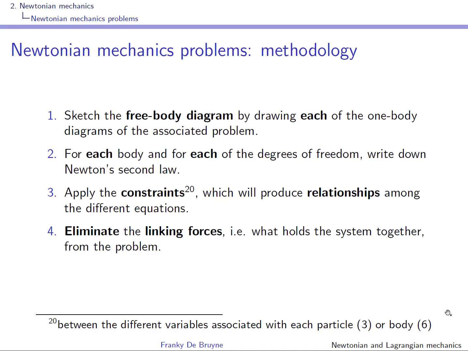As we've discussed previously, there are links between the different variables and between the different equations, and these you'll have to eliminate. When you do that, you come up with a certain number of differential equations describing your mechanical system, and we'll apply this to the cart and pendulum system.